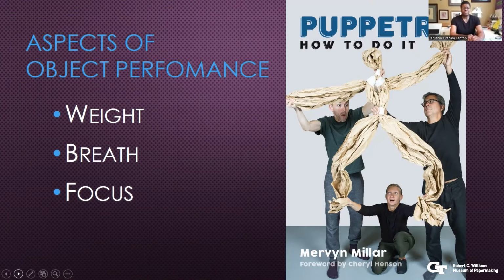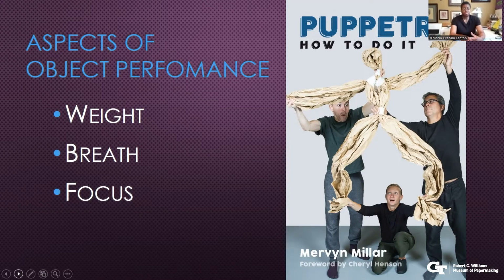So some aspects of object performance. We have weight, breath, and focus. And you can see that there's some overlap between the principles of animation and these aspects. Here with the weight, that's that squash and stretch concept that we saw discussing animation principles.